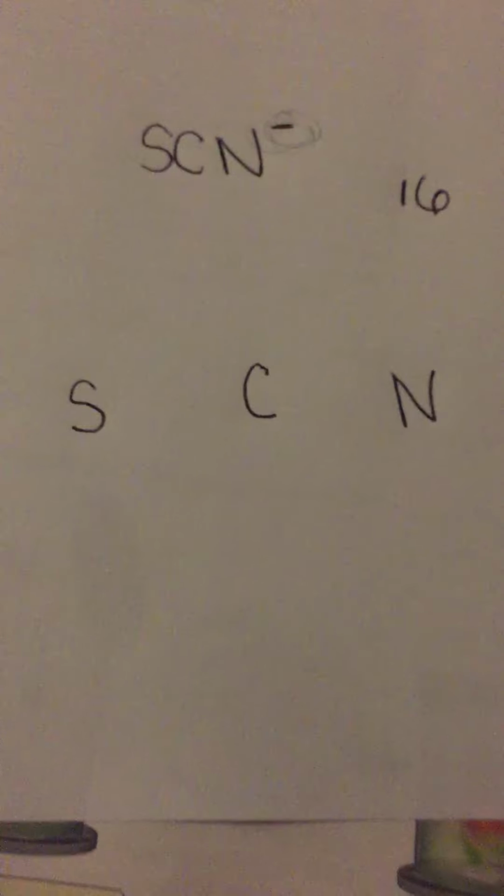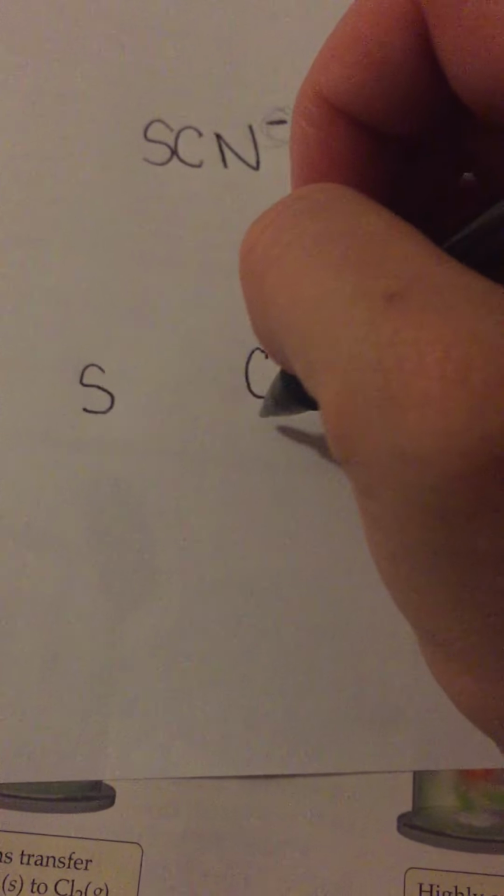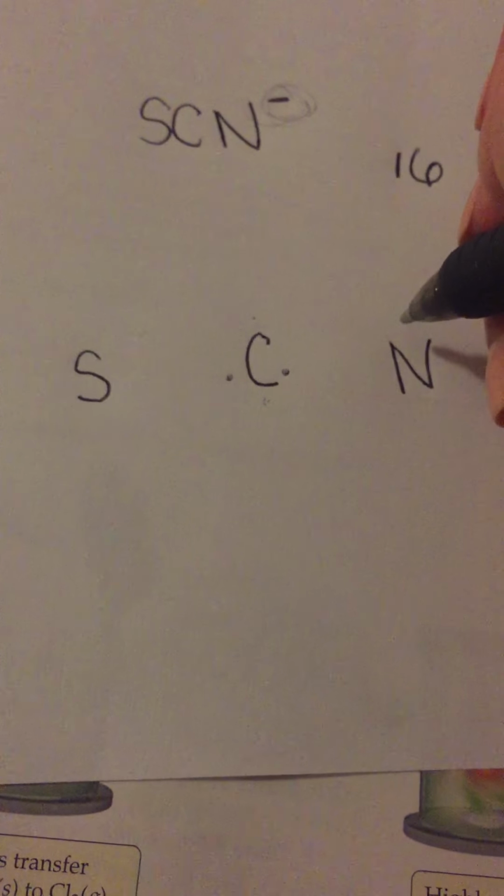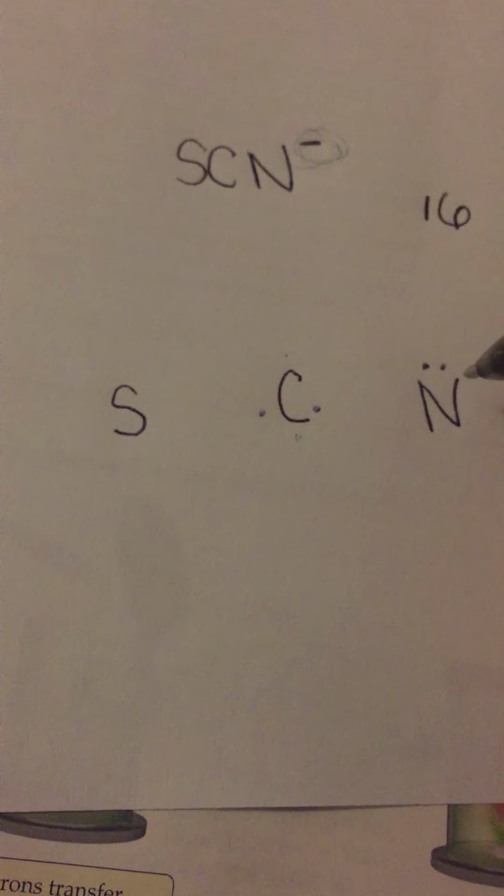So we know carbon has 4. Nitrogen is 5. Then we also know that S, sulfur, is 6.